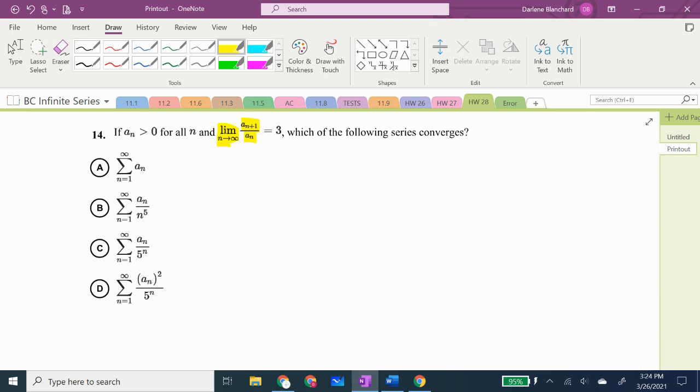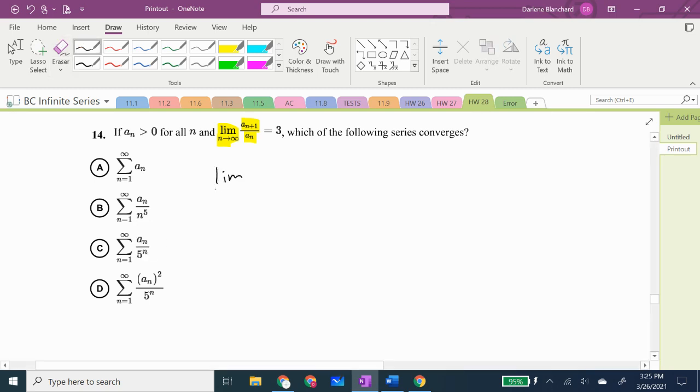And when I look at all of the following and think about what's going to work when it comes to ratio test, this is the one that looks best because that means that a sub n is behaving near geometrically where r is 3, and that should end up giving me a 3/5 when I look at the actual ratio test. But let's actually do it and make sure.